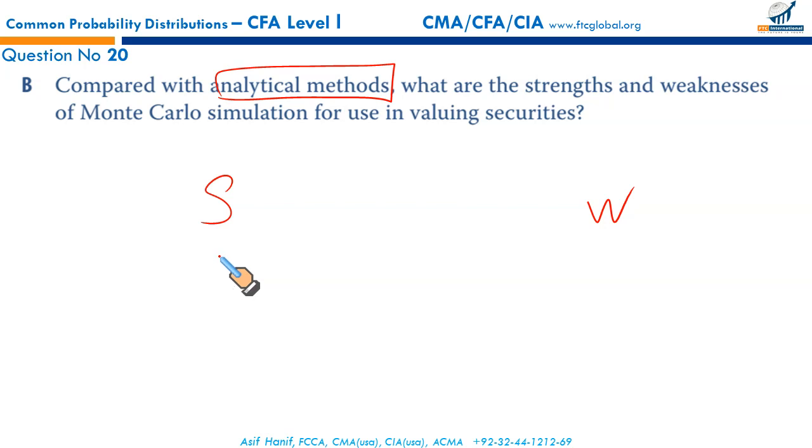The strength is that Monte Carlo simulation can be used to price complex securities for which no analytical method is possible or available. Right? This is one strength. And what is the weakness? Monte Carlo simulation provides only a statistical estimate, not a very accurate or exact result.